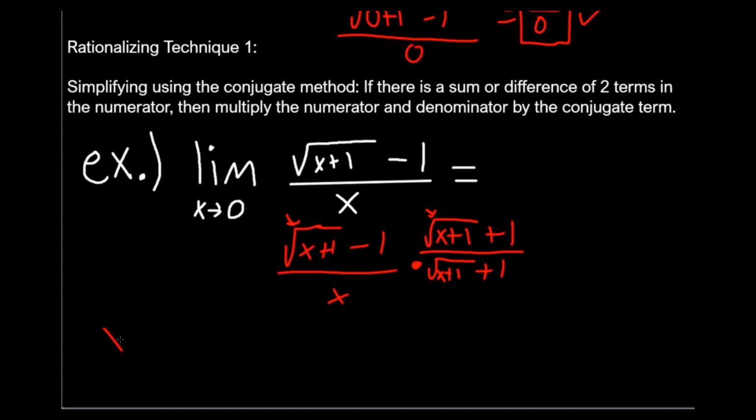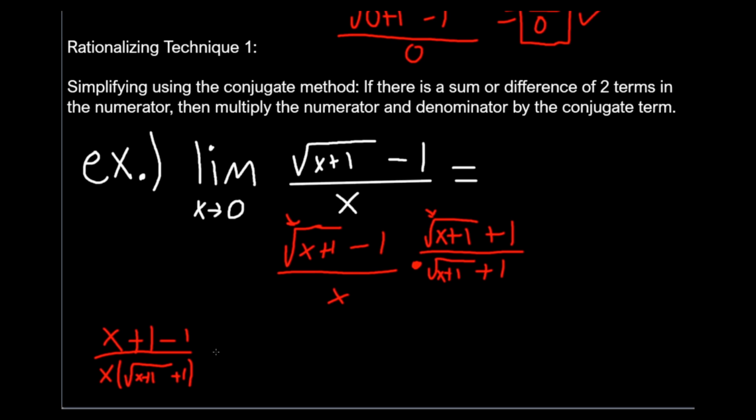Okay, so x plus 1 minus 1, because this minus 1 times this plus 1 is just a minus 1, over x times the square root of x plus 1, plus 1. Or plus 1, my bad, because it didn't change on the bottom.